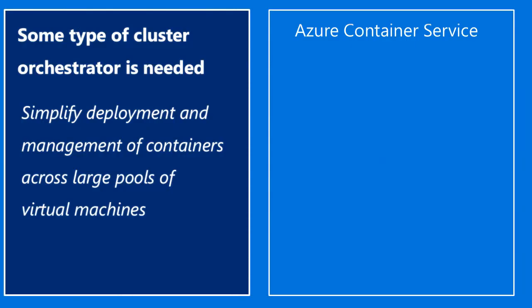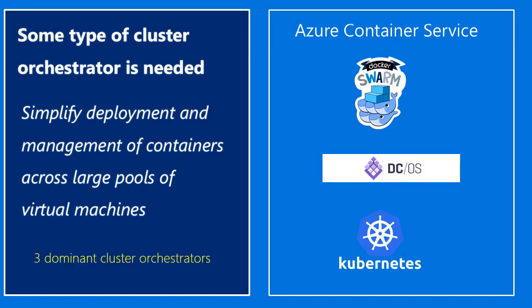So the answer is that you need some type of orchestrator to manage this set of running containers. It helps you simplify deployment and manage these containers across a very large pool of virtual machines. And you have 3 dominant cluster orchestrators today that are supported by the Azure Container Service: Docker Swarm, Mesosphere DCOS, which is really an open source DCOS cluster operating system for the cloud, and Kubernetes.